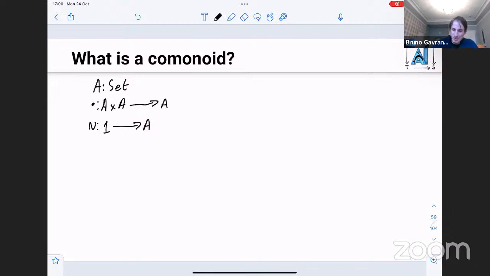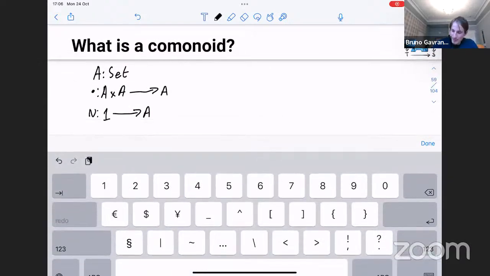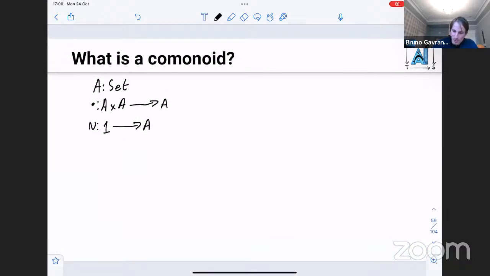Now, to get a comonoid from this, we're going to simply reverse the arrows. So I'm going to have a comonoid. It's going to be some set. Let's call this B. It's going to be some operation.